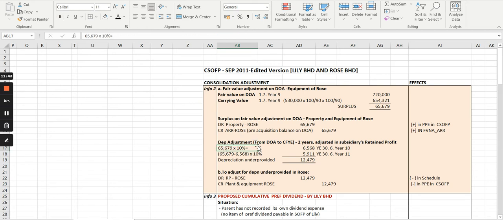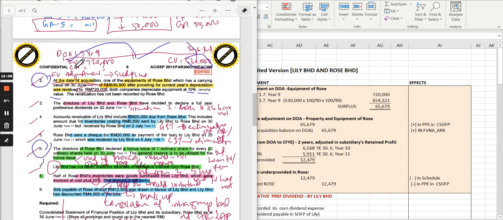The shortcut is taking the surplus, if this is the reducing balance method, times 10%, to find the adjustment for year 10, from the date of acquisition until the current year end. So here you do it and you get this figure.